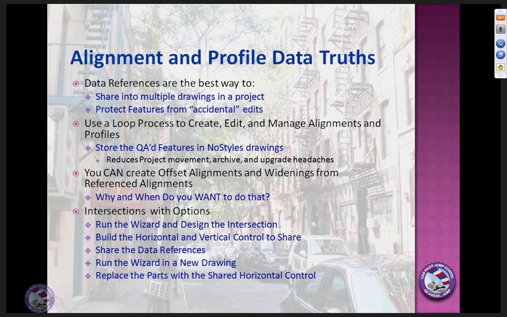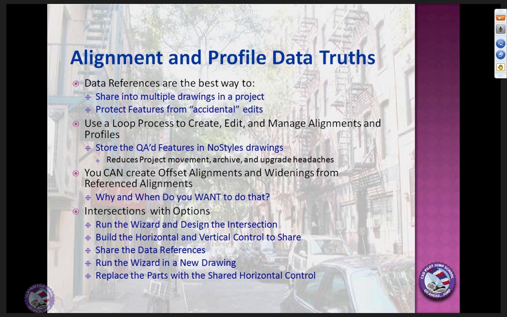All that versatility, the intersections and all that shared horizontal control can get you. Do I want this profile or that profile, this one or that one? The process is the intersection wizard wants to do its thing the way it's designed at current. You build the horizontal control somewhere else without creating a corridor at all inside the wizard, which I've covered many times in previous webinars.